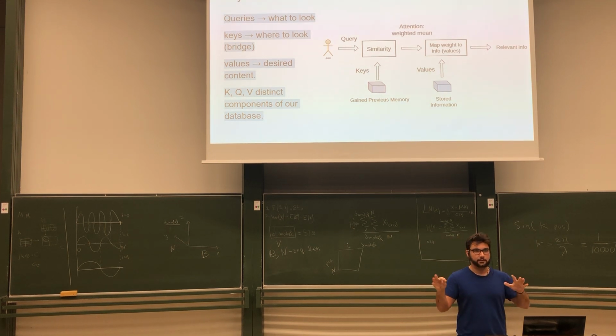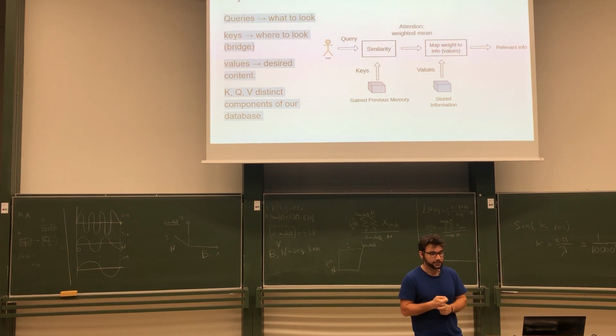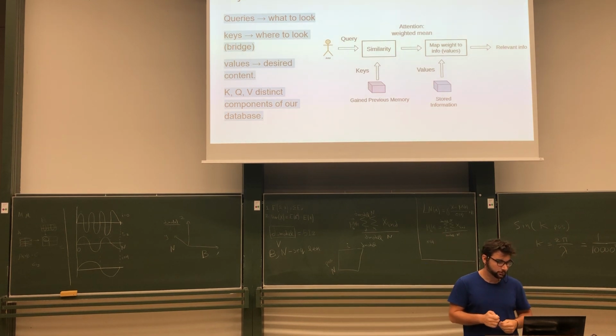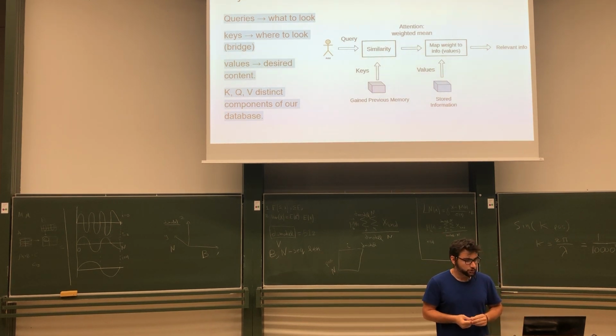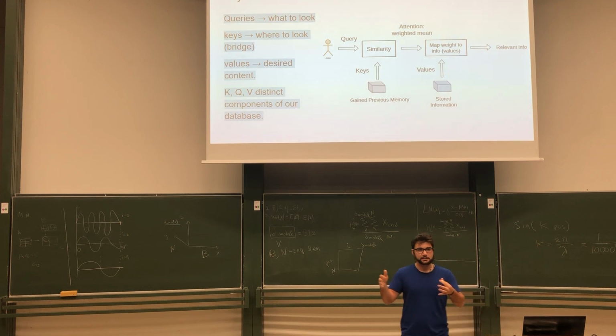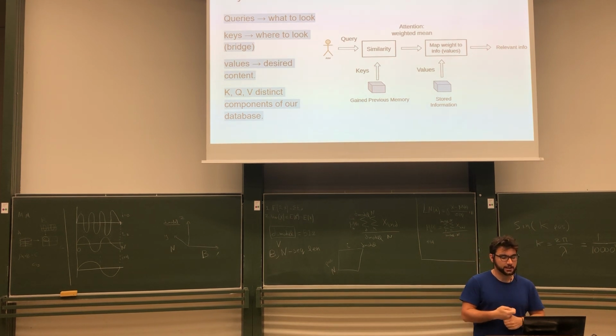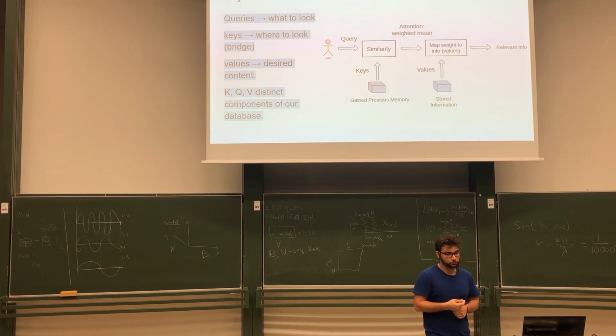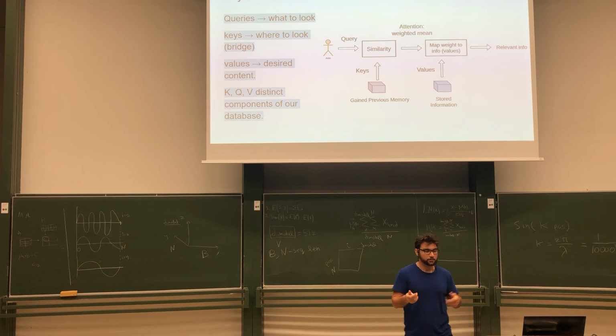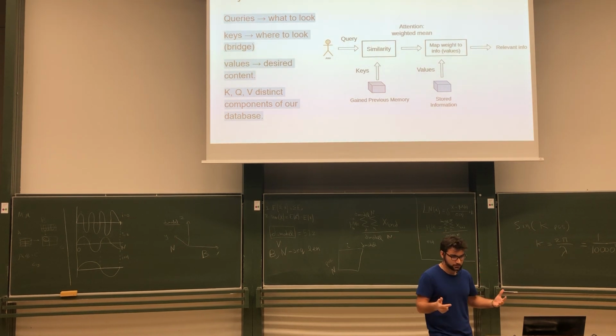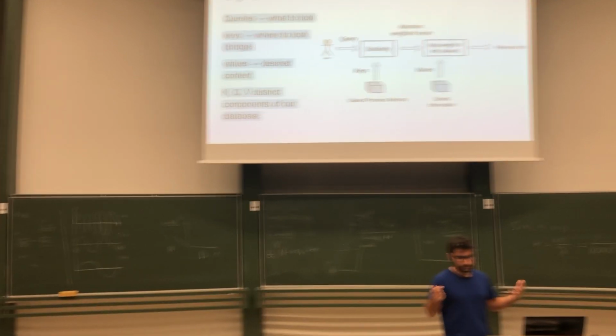This is a rough analogy, so don't take everything as absolute. So the query in a database is what we are basically trying to find. The key in a database is basically how this query maps to the different components of the database. What does this database contain?